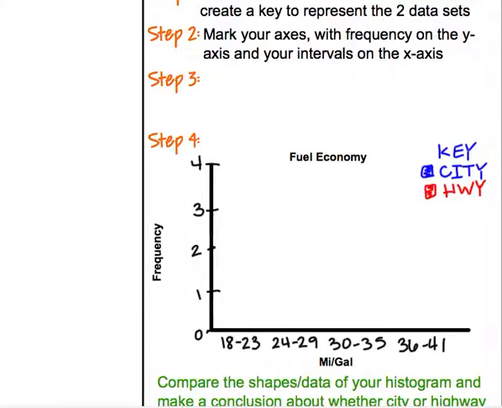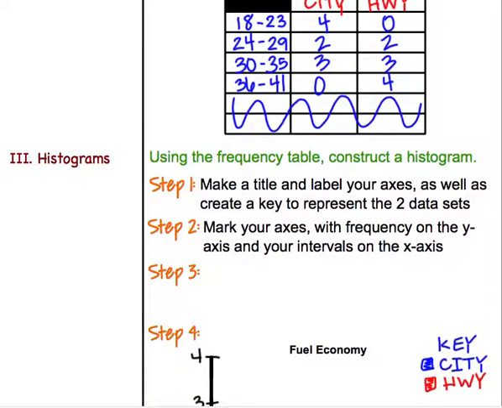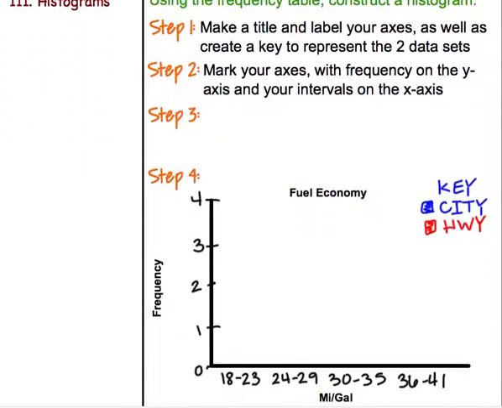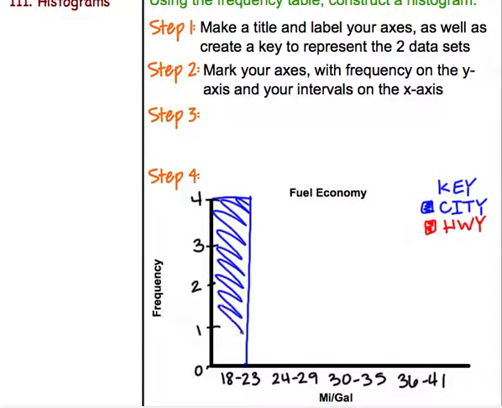So starting with city, I need to look here, and city for 18 to 23 was at 4. So I'm going to go halfway here and make a bar. And you should clearly make it much neater. For time's sake, I'm just filling it in.